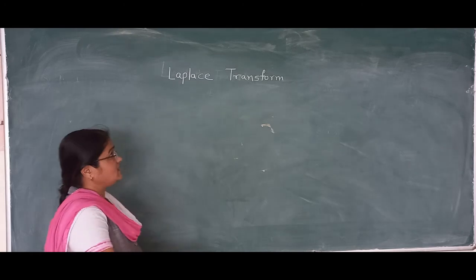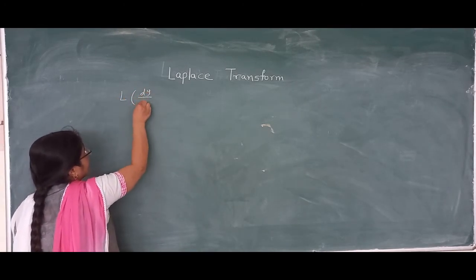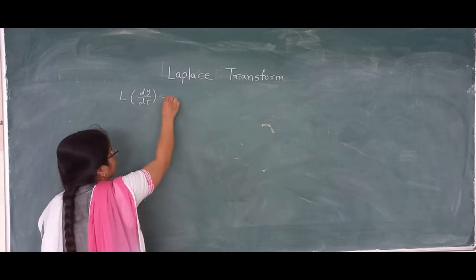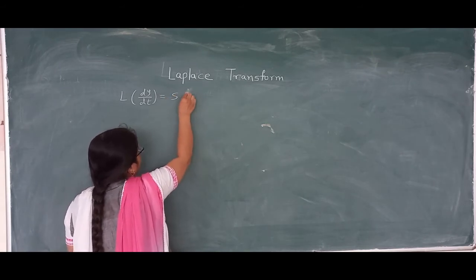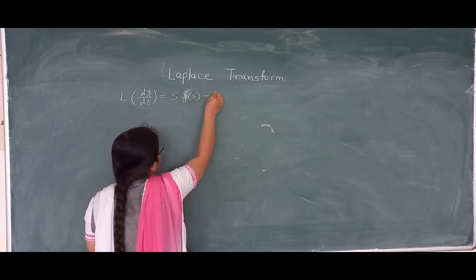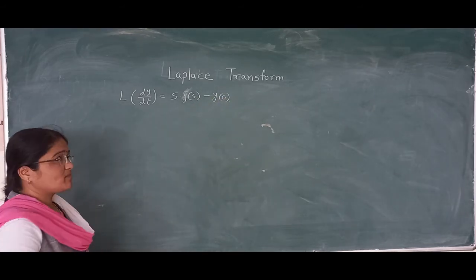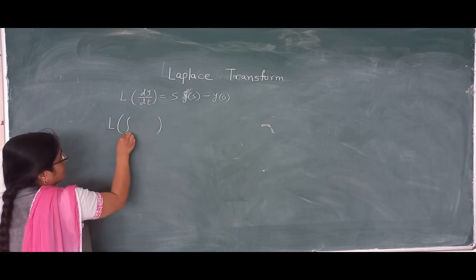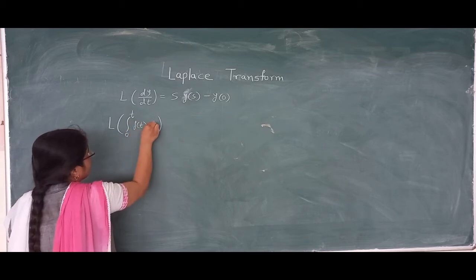Right now we see that Laplace of derivative, that is Laplace of dy by dt, is s into y bar of s minus y(0). What happens if there is an integration of f of t dt?